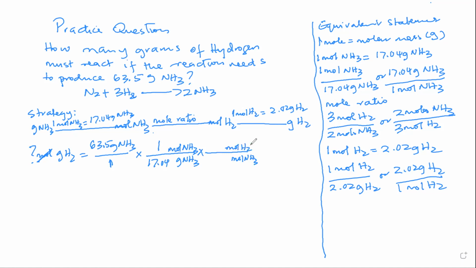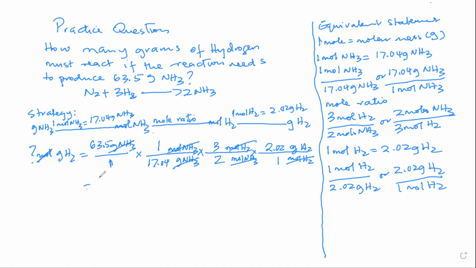So we look at the mole ratio, 3 moles of hydrogen, 2 moles of ammonia, times, then we are going to grams of hydrogen. That's moles of hydrogen to grams of hydrogen. So we look here, 2.02 grams over 1. So we cross out grams, moles of ammonia, moles of ammonia, moles of hydrogen, moles of hydrogen.